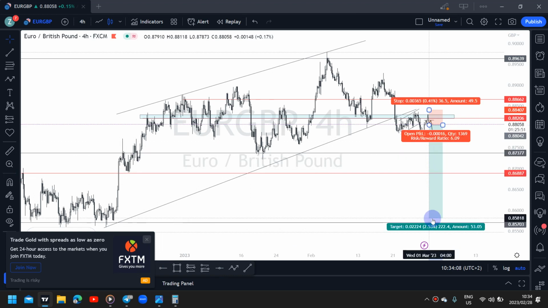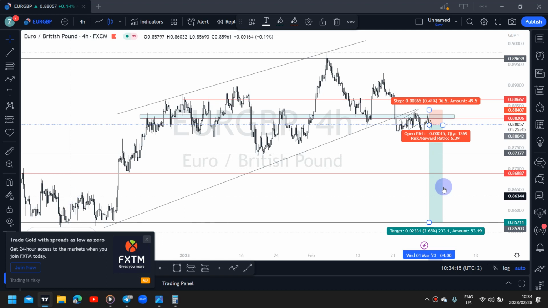This is what I'm talking about. This move, I want to cater for that, and as you can see, the risk-to-reward ratio is a good 6.39. So this is what I want to cater for and complete this trend here.